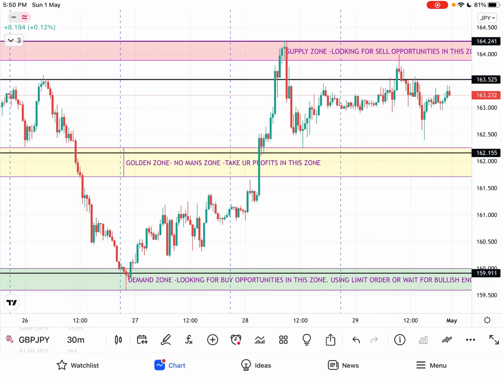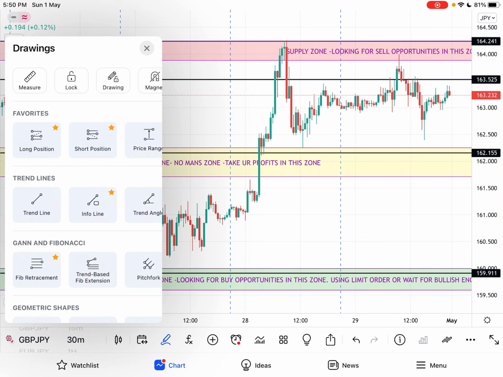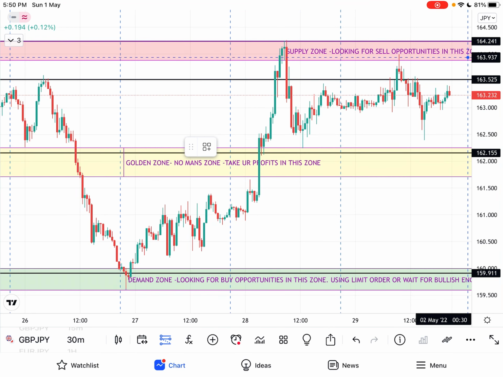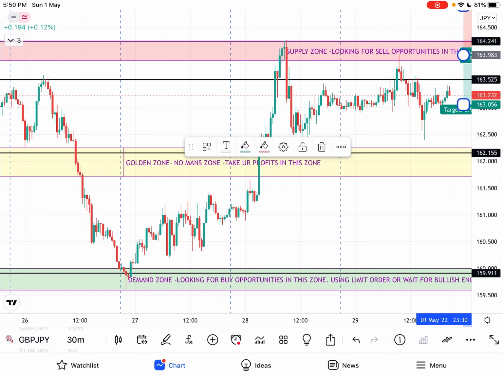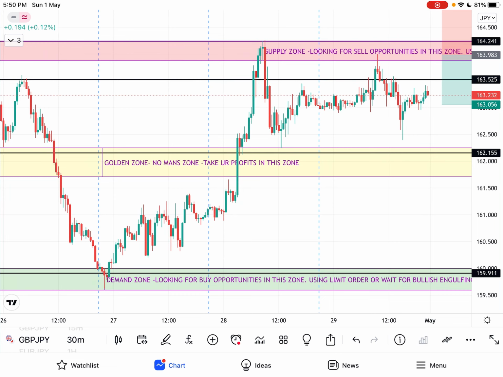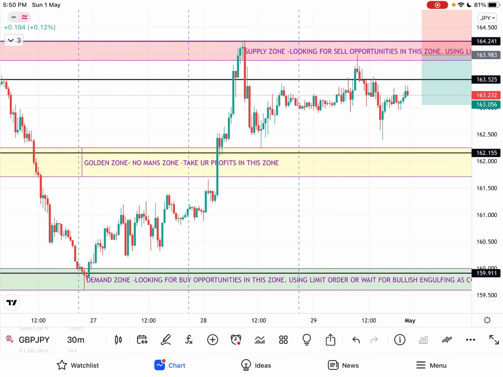So, let's say if the market is to play out, then we'll be looking at going short if the market comes into this zone. And then put our stop loss. So let's say our stop loss will be 164,500, and our take profit will be 162,500, right?